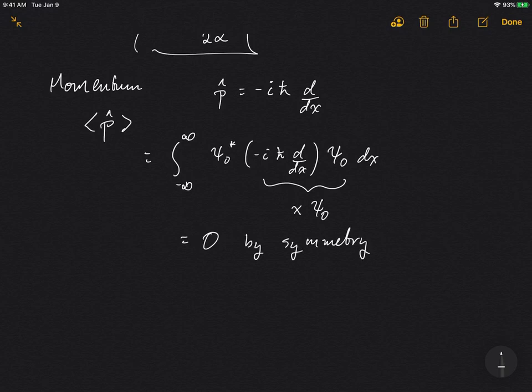And let's stop and think if that makes sense. If we have a particle on a spring moving back and forth, even classically we would expect the average momentum to be 0 because half the time the particle is moving to the left and half the time it is moving to the right, and it's just going to cancel out completely if the particle as a whole is at rest. Unless the particle is moving through space, and if it is, that's a different problem.